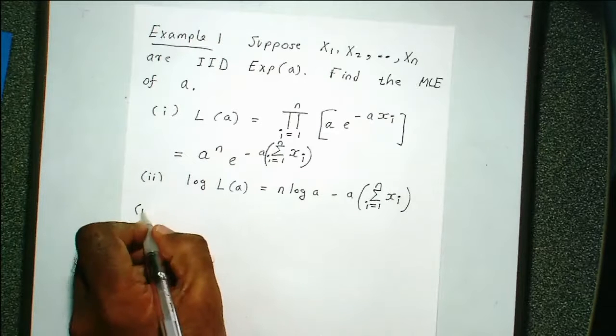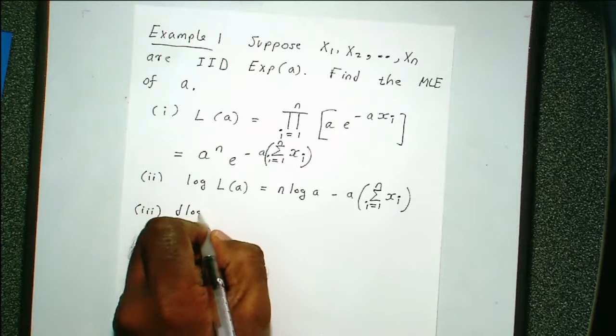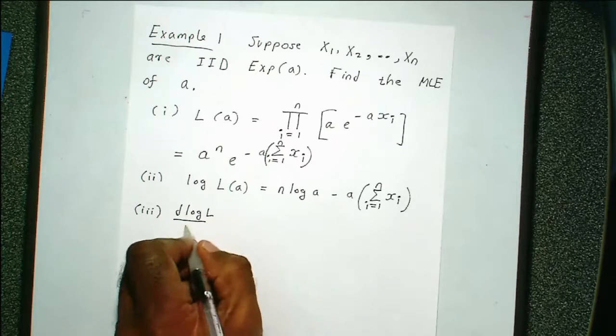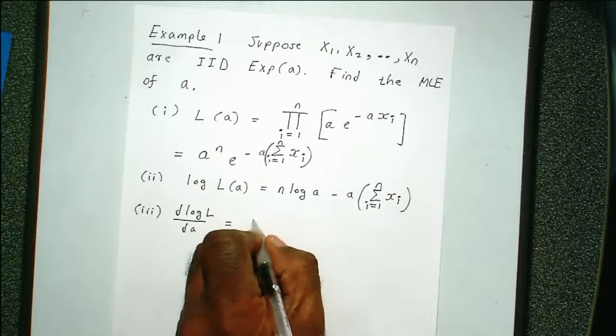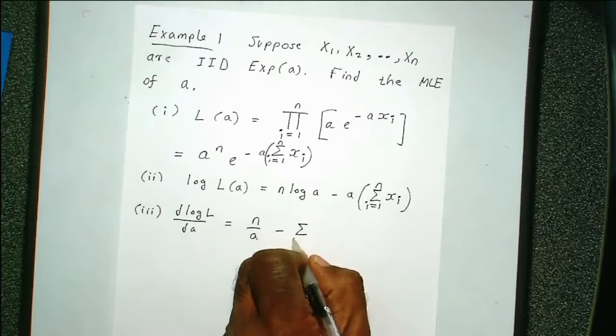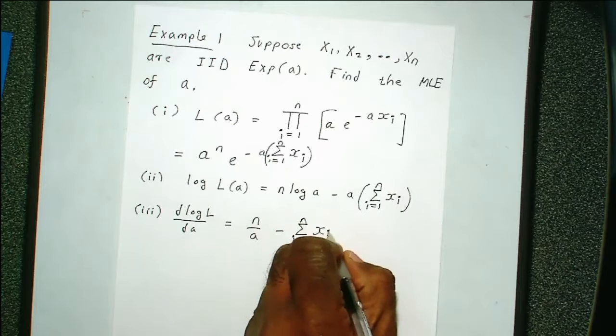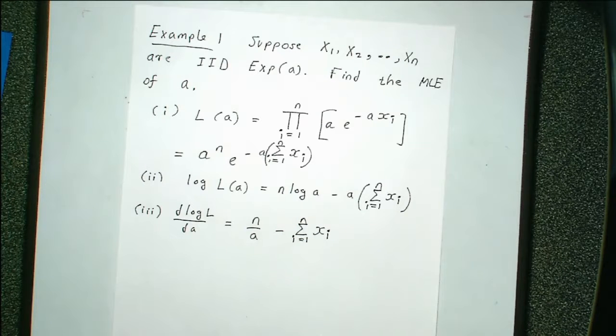Step number 3 is to take the derivative with respect to A. So you get n over A minus the sum of xi.